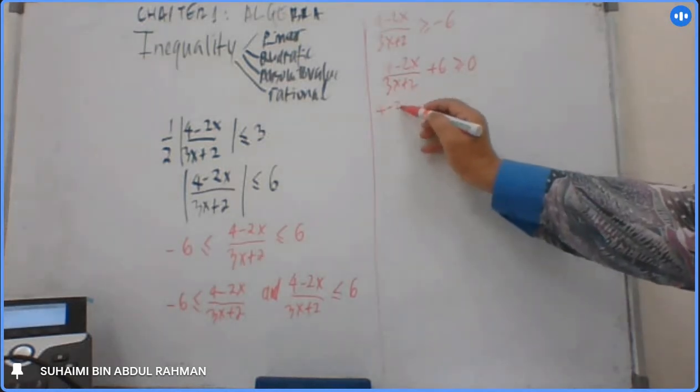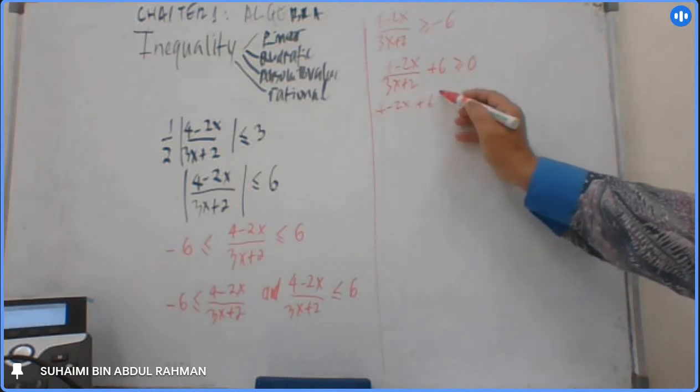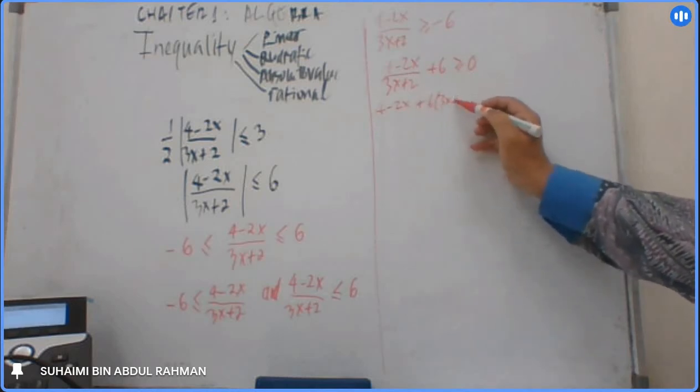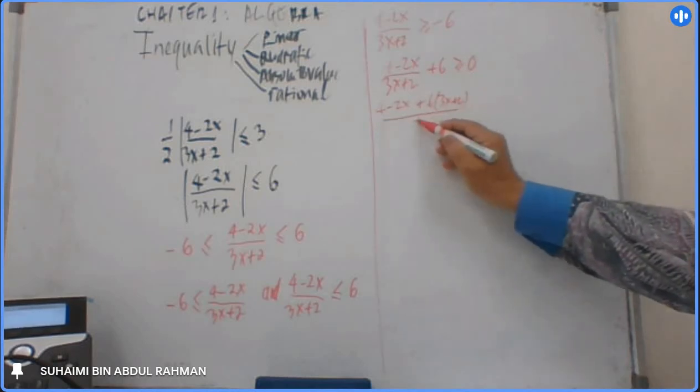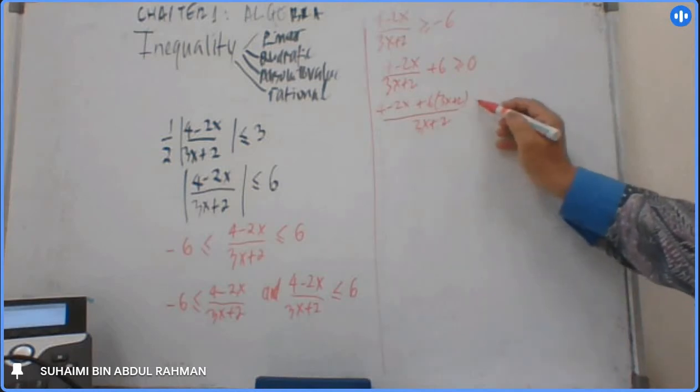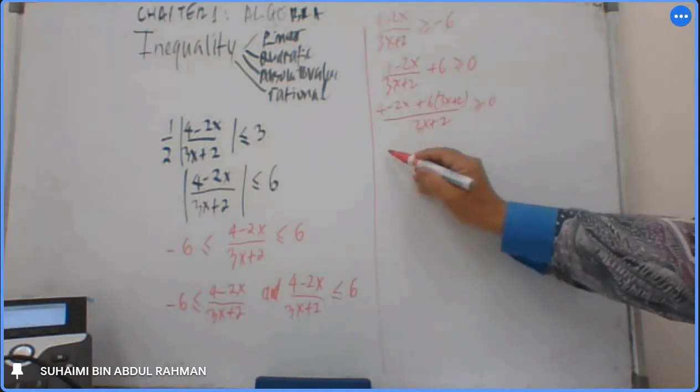Same: 4 minus 2x plus 6 times (3x plus 2), with denominator 3x plus 2, greater than or equal to 0.